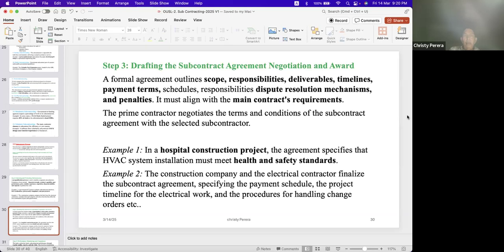Example 2, the construction company and the electrical contractor finalize the subcontract agreement, specifying the payment schedule, the project timeline for the electrical works, and the procedures for handling change orders, variance, work variances, change orders.